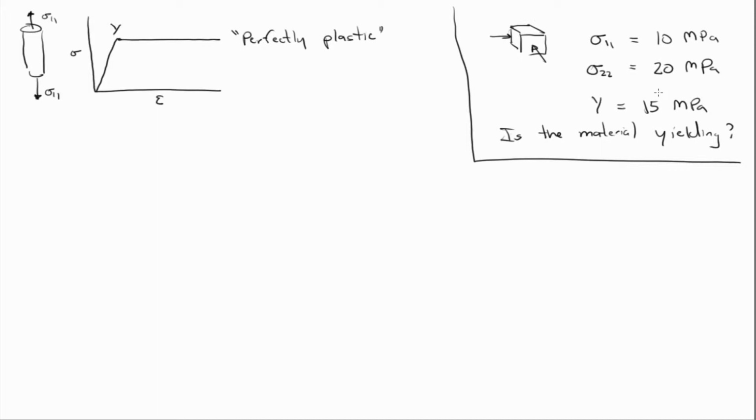If it's just one-dimensional, and I'm pulling on it at 10 megapascal, and the yield stress is 15 megapascal, is it yielding? No. Okay. What if it's one-dimensional and I'm pulling on it at 20 megapascal, and the yield strength is 15 megapascal? Is it yielding? Yes. Okay.